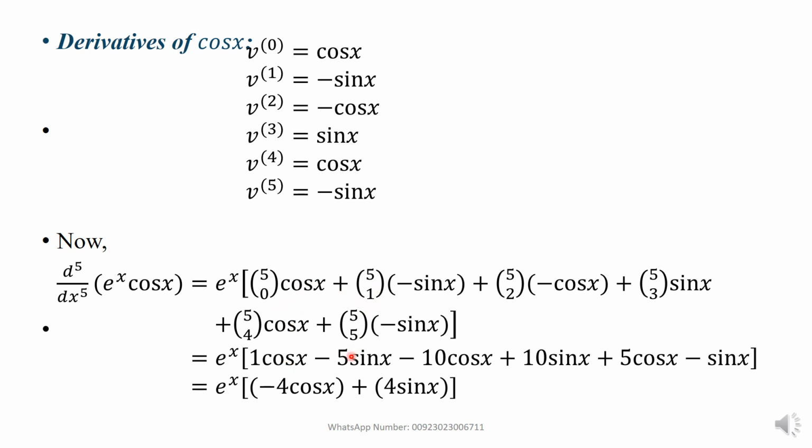After the simplification in 1 sin x you write same. Then we get 5, minus sin x you write same. After the simplification of binomial you get minus 10 and minus sin, plus 10 sin x, and after this simplification you get plus sin, because plus minus minus sin x.